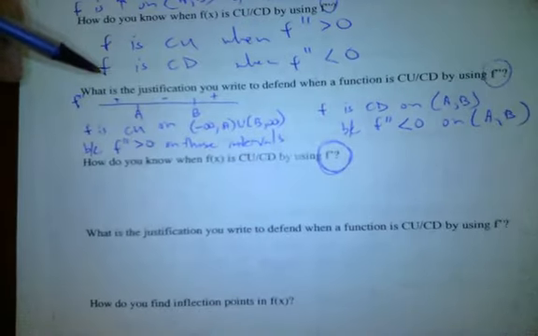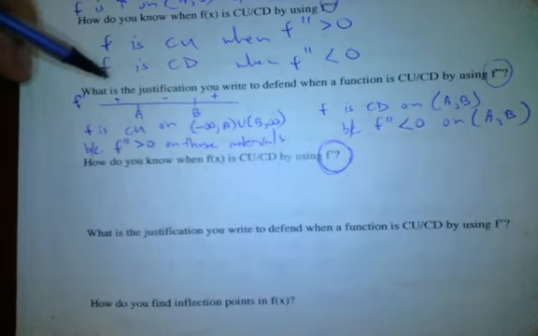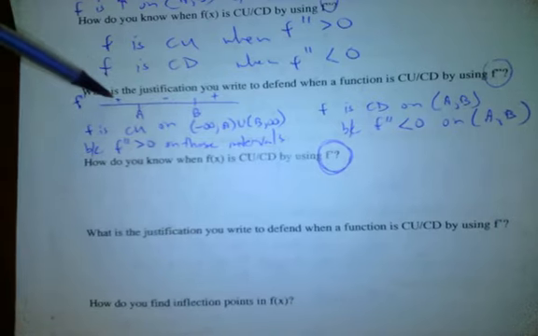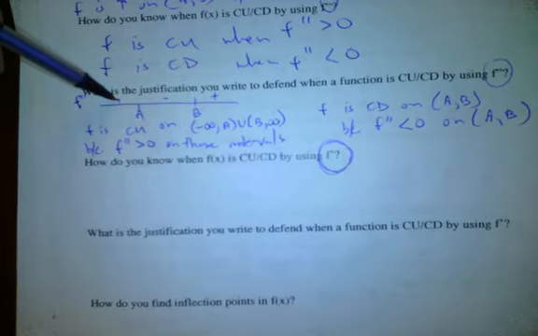How do you know when f of x is concave up or concave down by using f prime? Not f double prime, but f prime. Remember, f double prime represents the slopes of f prime. So if up here we said f was concave up because f double prime was positive, what slopes must f prime have had so that f double prime could be positive?